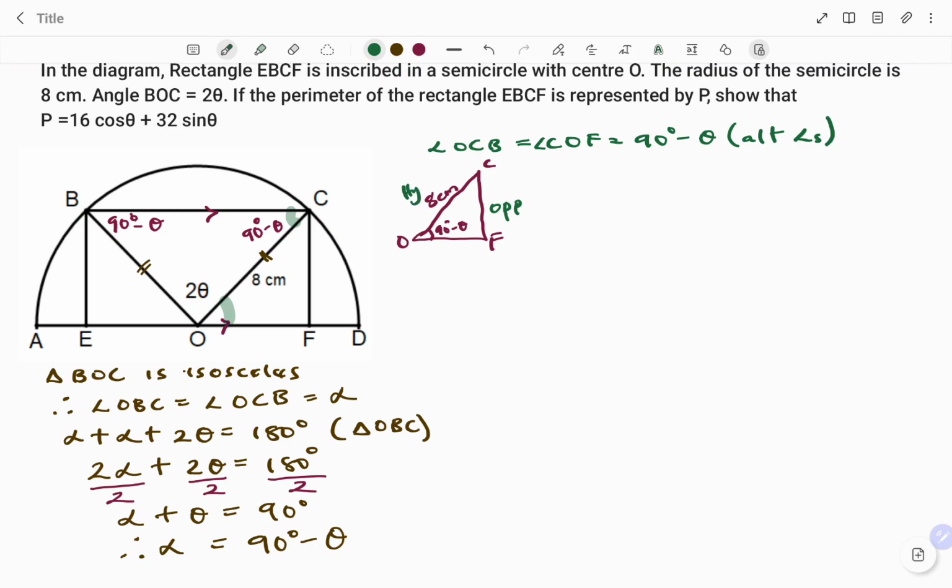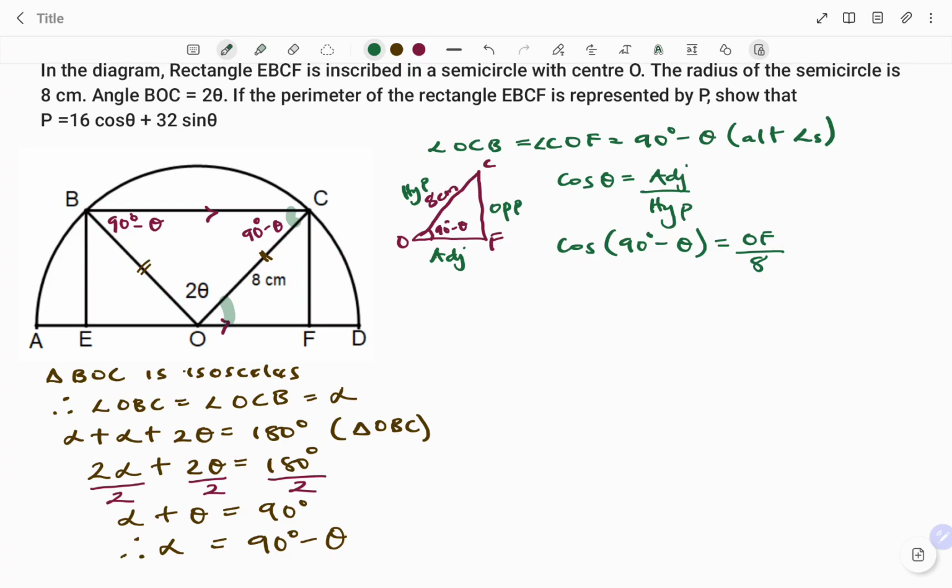The longest side is your hypotenuse and the last side is your adjacent. So because I'm trying to look for my adjacent and I have my hypotenuse, I have cos of the reference angle equals adjacent over hypotenuse. So cos of 90 degrees minus theta equals my adjacent, that's OF, over hypotenuse, 8 centimeters.